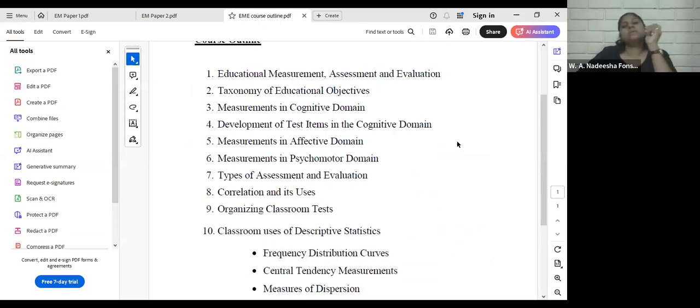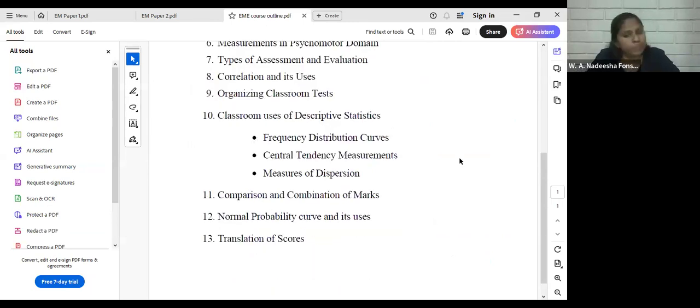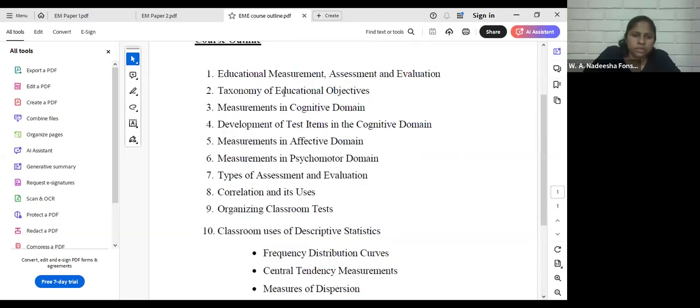Okay, this is our syllabus. We did all these 13 topics. The first one is educational measurement, assessment, and evaluation. That is the introduction, and we discussed assessment methods, evaluation methods, and those things. Then taxonomy. Under taxonomy, we discussed all three domains.